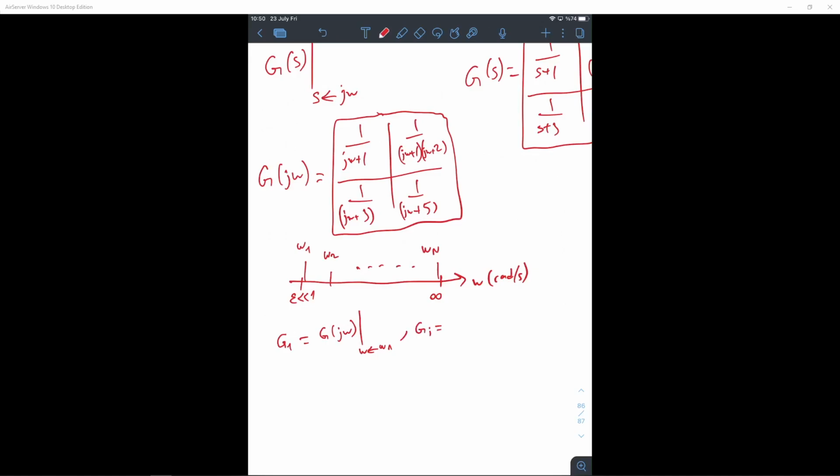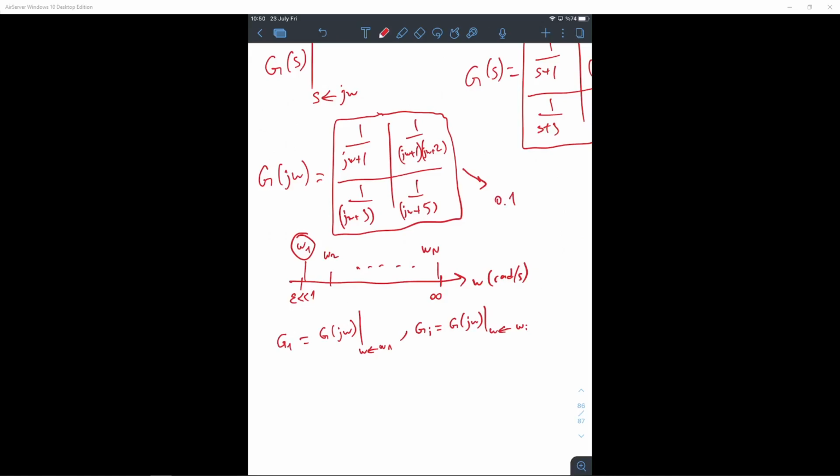So we can generalize this. Omega i, right? Again, this is a matrix, and omega 1, for example, is a number, for example 0.1.